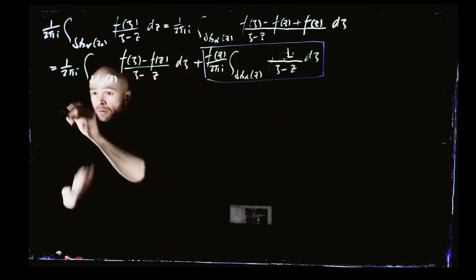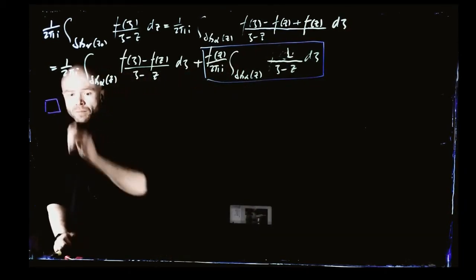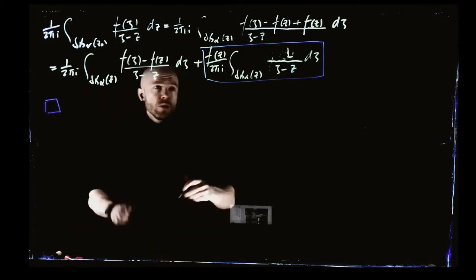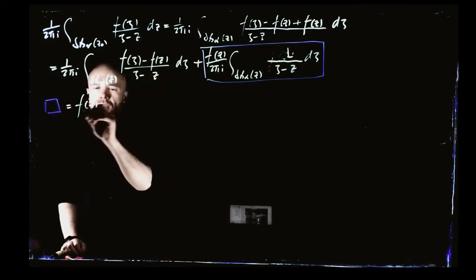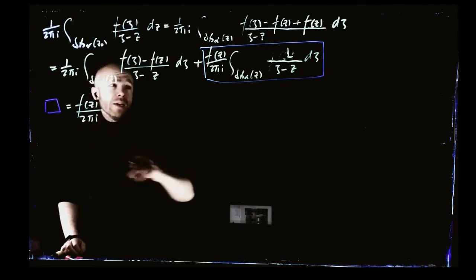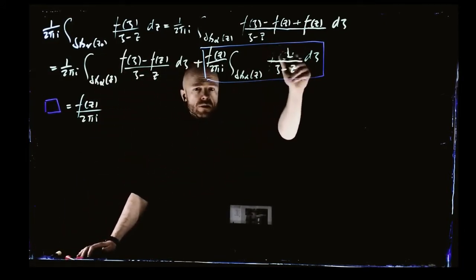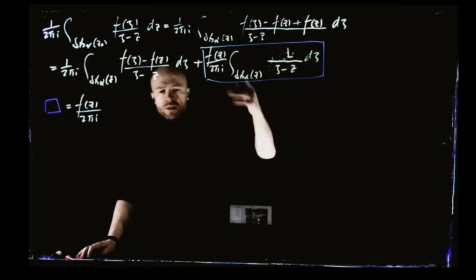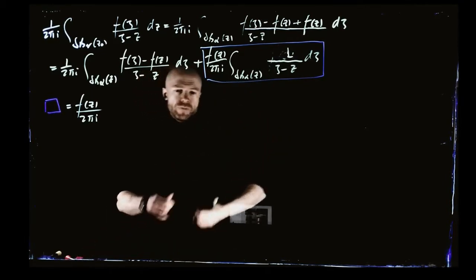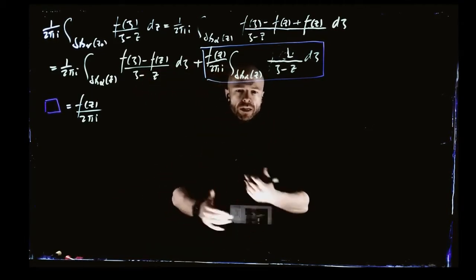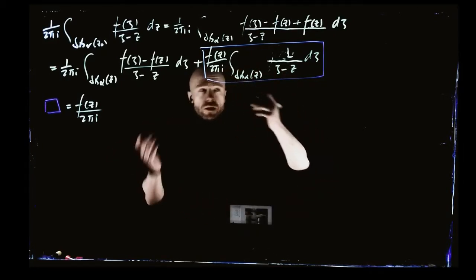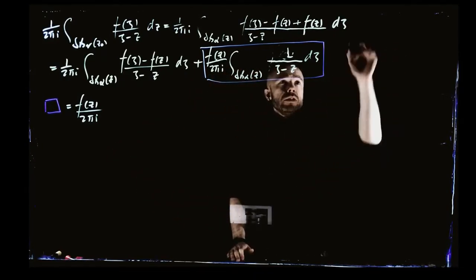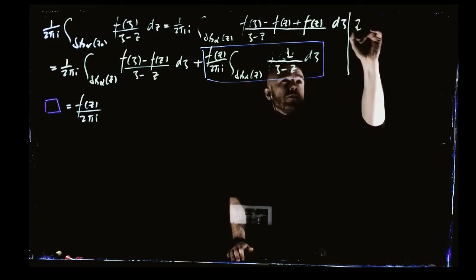Now, let's try and understand this expression here in the blue box. So in the blue box, what do we have? We have f of z over 2 pi i, and then just the integral of this function over the ball. But this is a function that we can easily just calculate, putting in a parameterization. So the obvious parameterization around the ball is the one you've told me before.